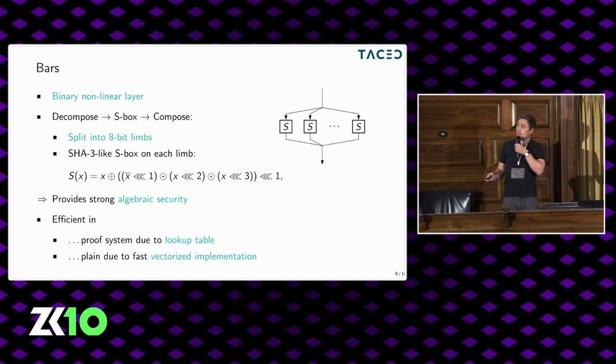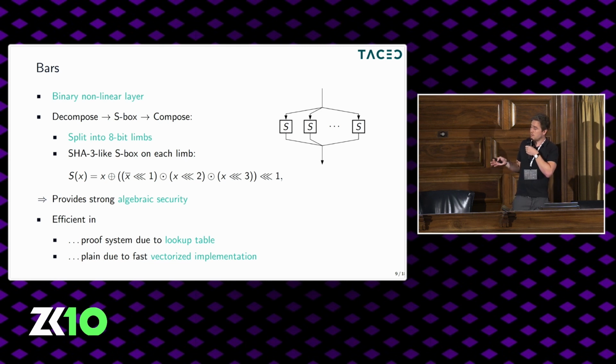And furthermore, the S-box that we use here is chosen in a way that we can actually compute it on the whole field element without computing the decomposition first. So this is very, very fast in plain and does not require the use of a lookup table for fast hashing performance.